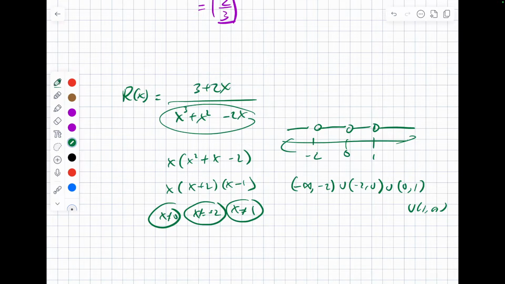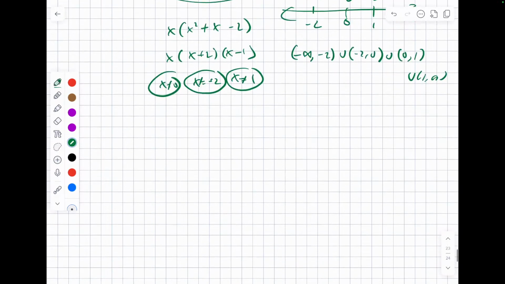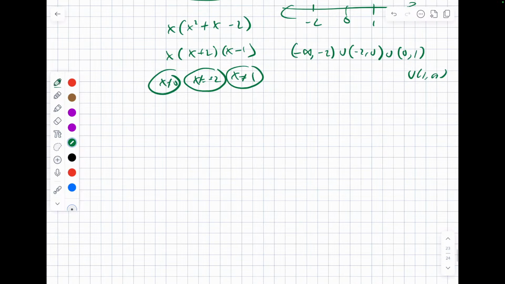Next question. Yes, x minus 5. Which question? Just tell me which number. X minus 5? I don't see anything. No, minus x minus 9 over 9x, or 9 minus x. We talked about that one yesterday.